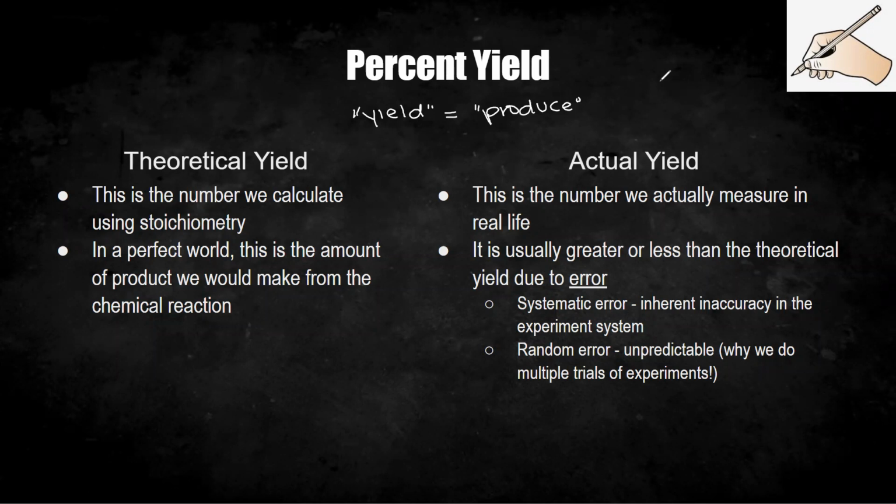So when we talk about our reaction that we watched in the last video on stoichiometry, we had two carbon atoms reacting with an oxygen molecule to form two carbon monoxide molecules. So the word yield in a chemical reaction is represented by this arrow here in our chemical equations, and write yield here.